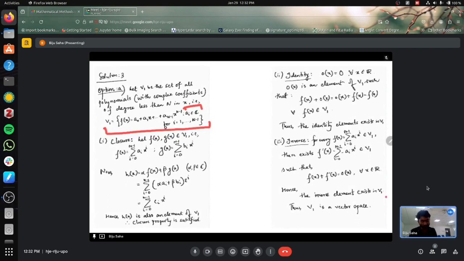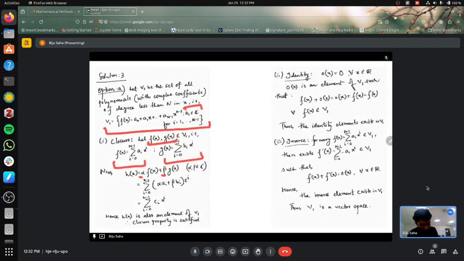Let me check whether it obeys the closure rule of vector addition and scalar multiplication. For that, I pick two random elements from the set. I have named the random elements f(x) and g(x), and they have this form because they belong to the same set. Now I multiply two scalars to each of these polynomials and add them.